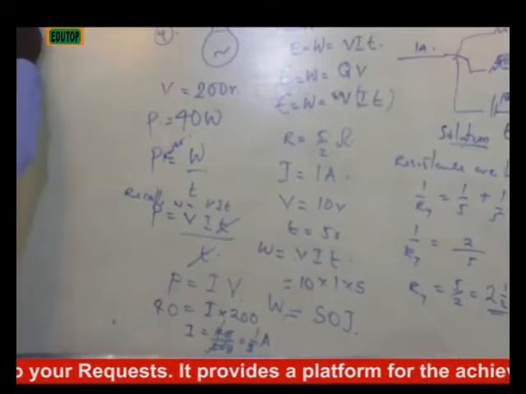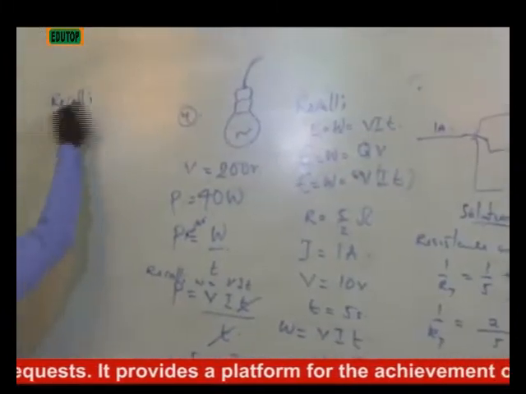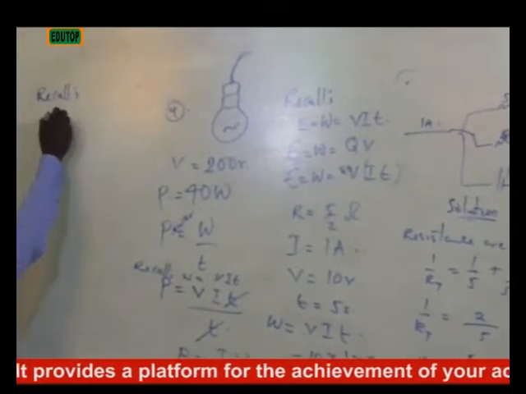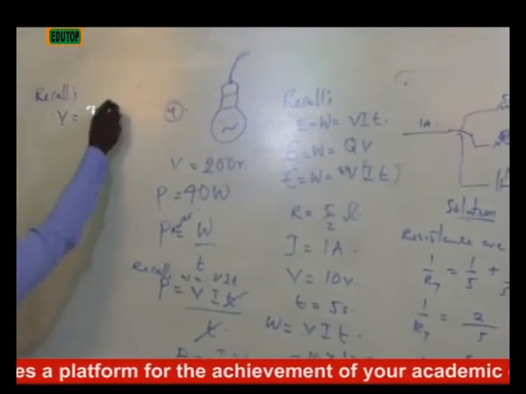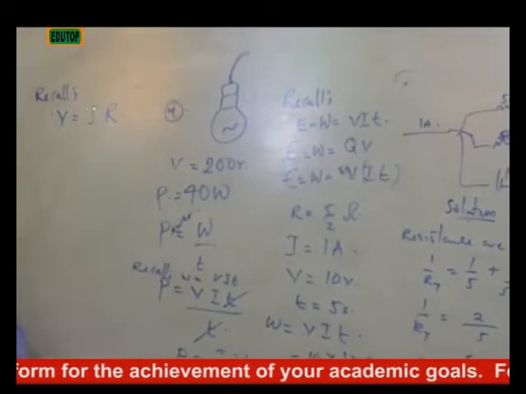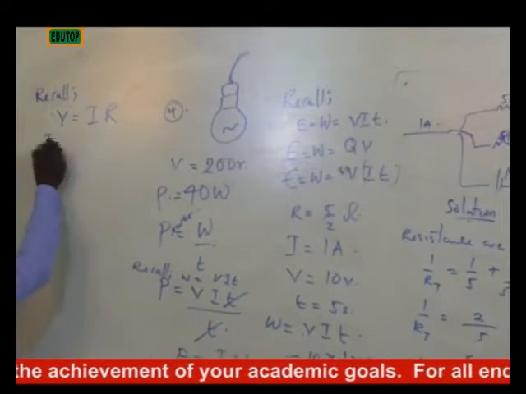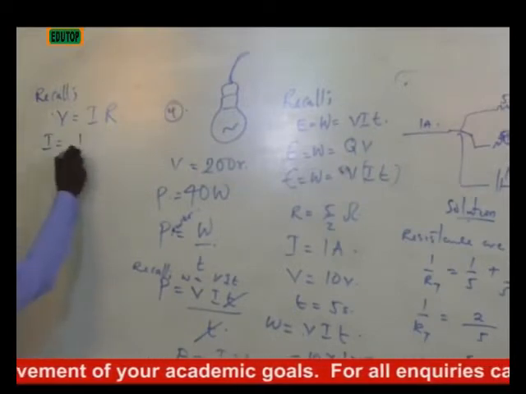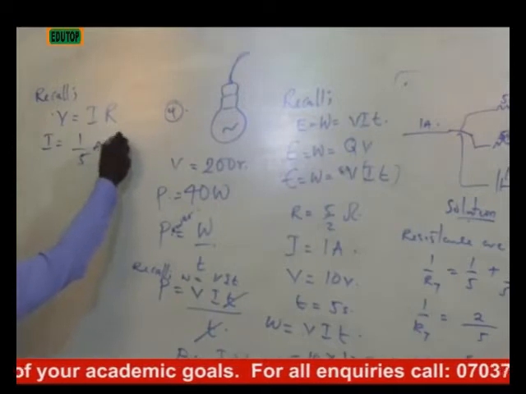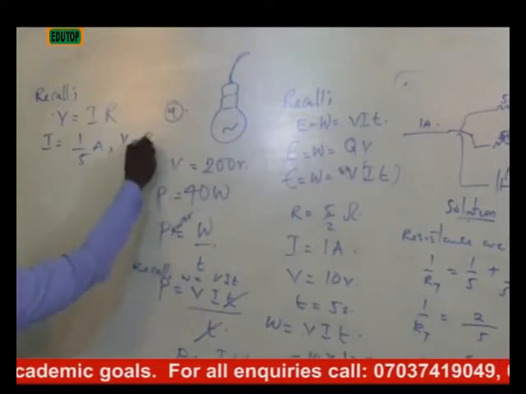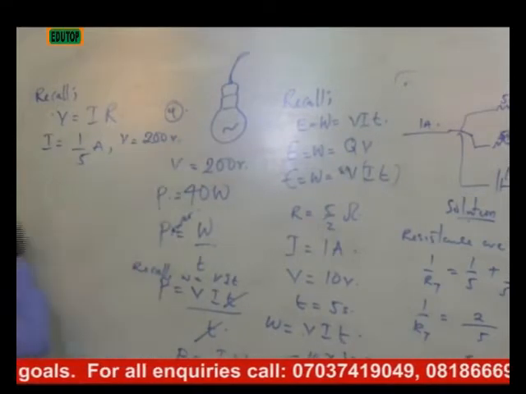Now recall from Ohm's law. What is Ohm's law? V equals IR. Are you seeing it? V equals IR. So my I from my result there is 1 over 5 amps. My voltage is 200 volts. So I need my resistance now.